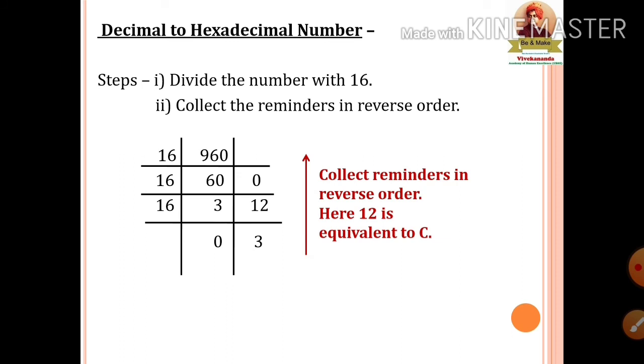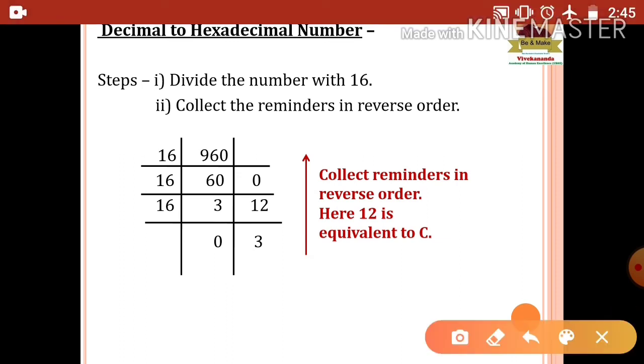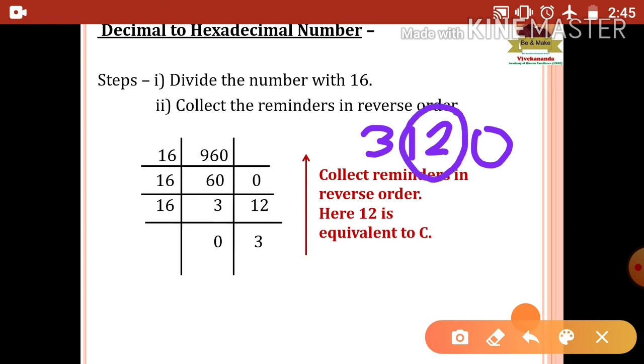How should I write the remainders? 3, 12 and 0. But this 12 in hexadecimal number system is represented with the letter C.